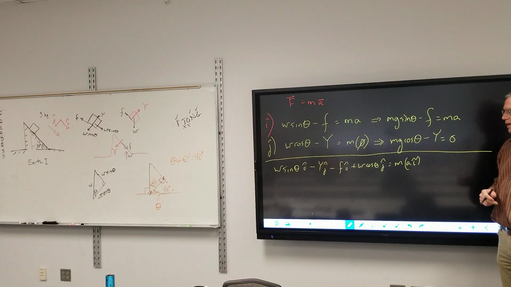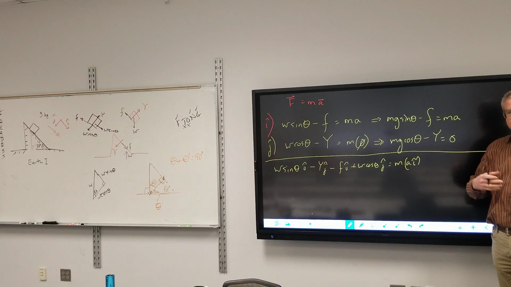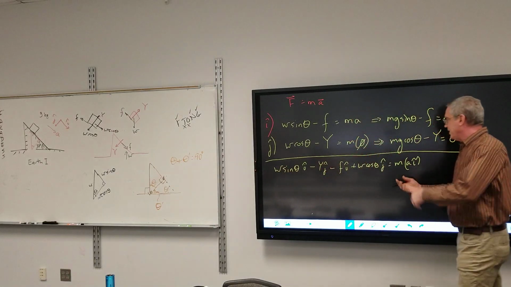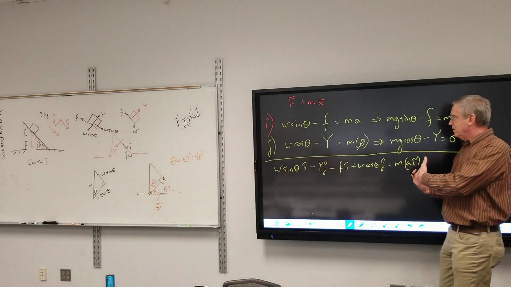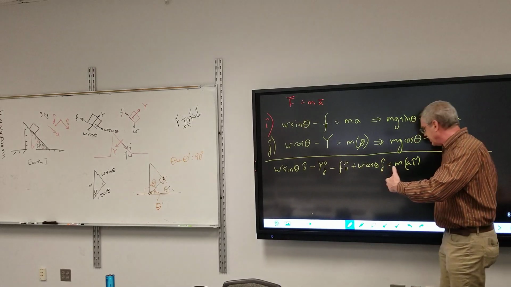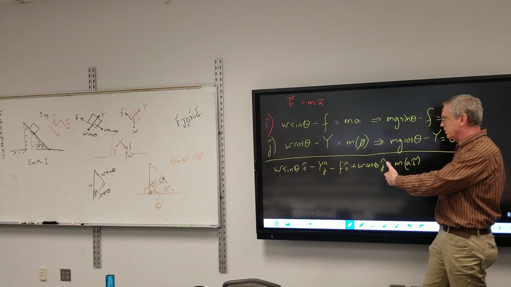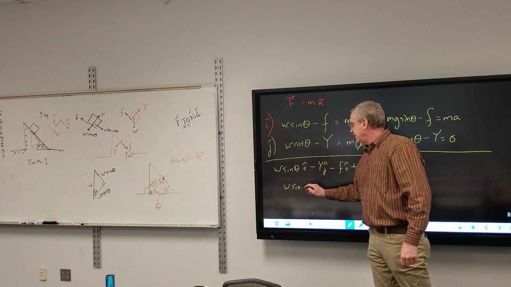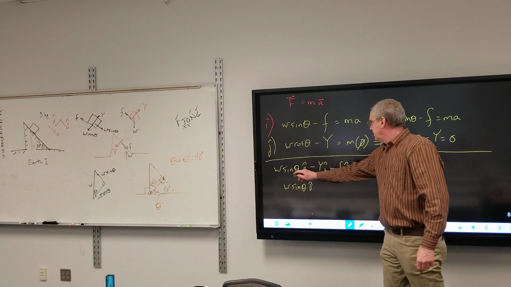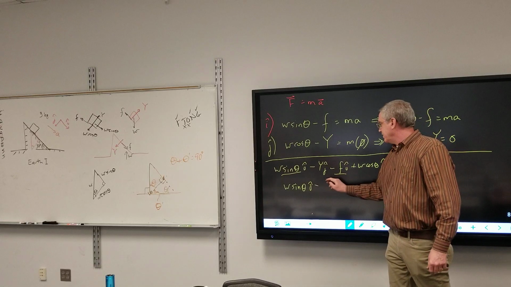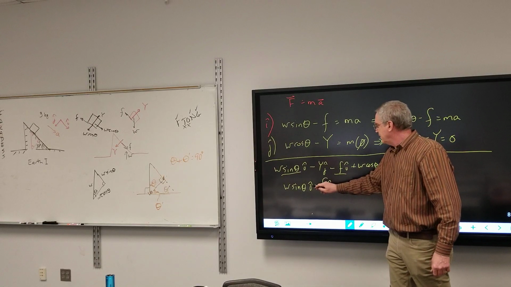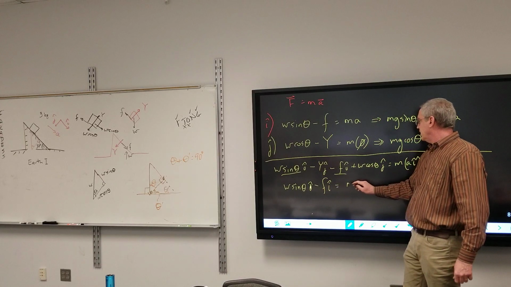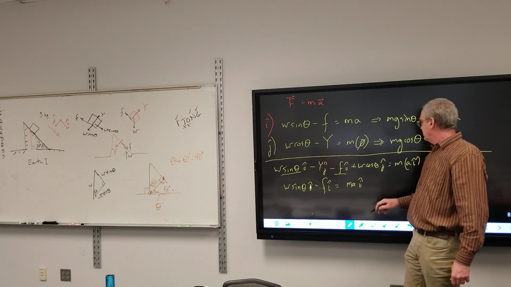To solve it, I basically separate it into the I hats and the J hats. So if I have only I hat on the right-hand side, since I hat and J hat are perpendicular to each other, I would do W sine theta I hat, that one's taken care of, minus F I hat, equals M A I hat.